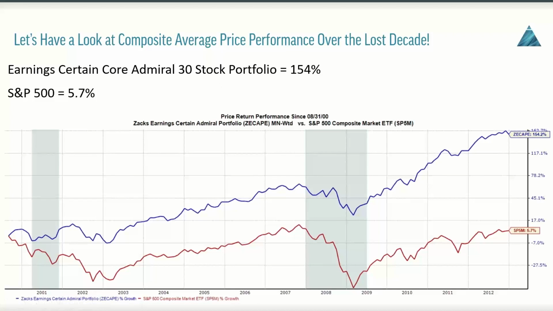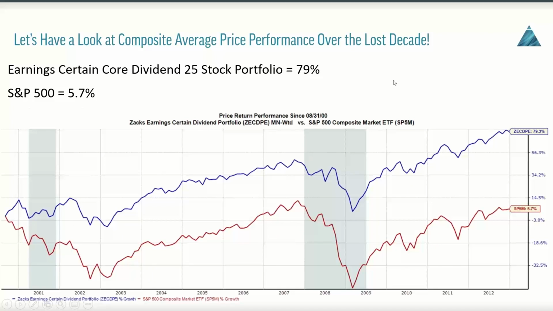When we take a look at the earnings certain core Admiral 30 stock portfolio, again 154% price appreciation relative to the S&P at 5.7%. And again, we would expect that outperformance because the earnings have just outperformed the S&P 500 by that amount. It's just been massive.